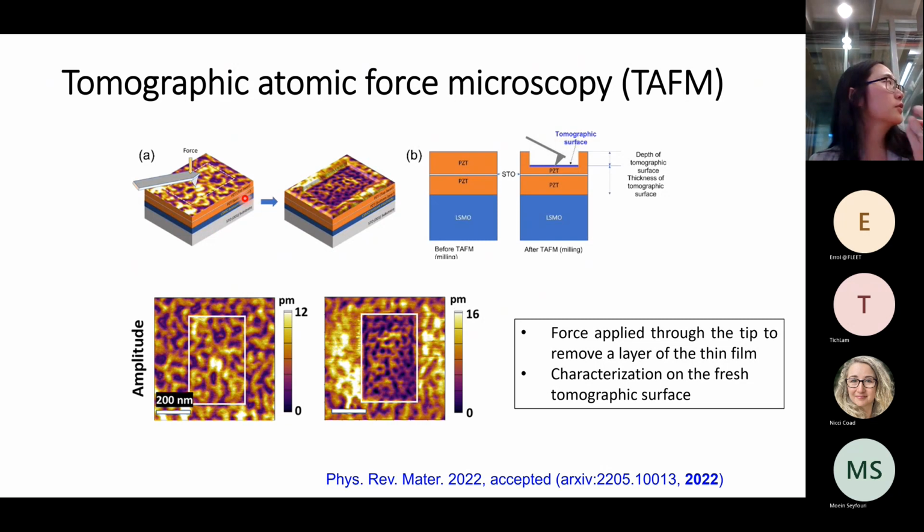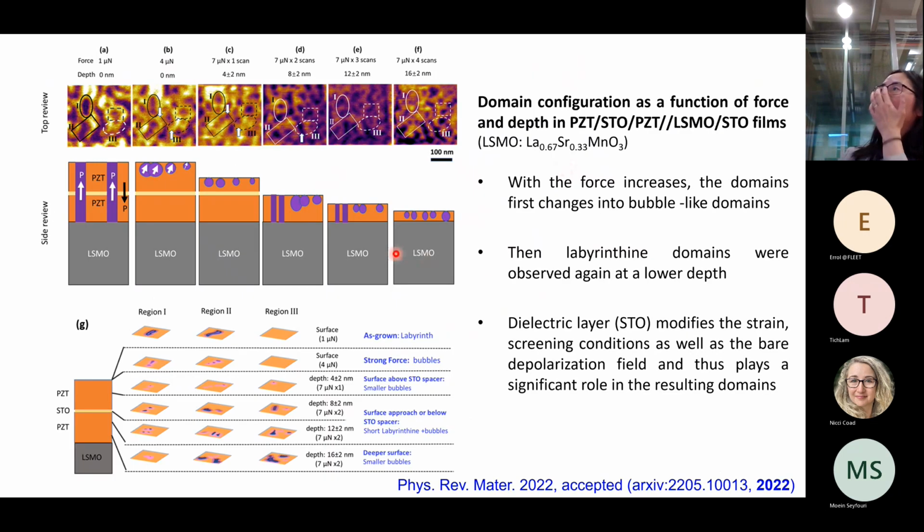Because the diamond is also conductive, we can immediately switch to PFM mode to image the domain structures right after removing the top surface. So we can obtain two images, before removing the surface and after removing the surface, under a force and with a change in thickness.